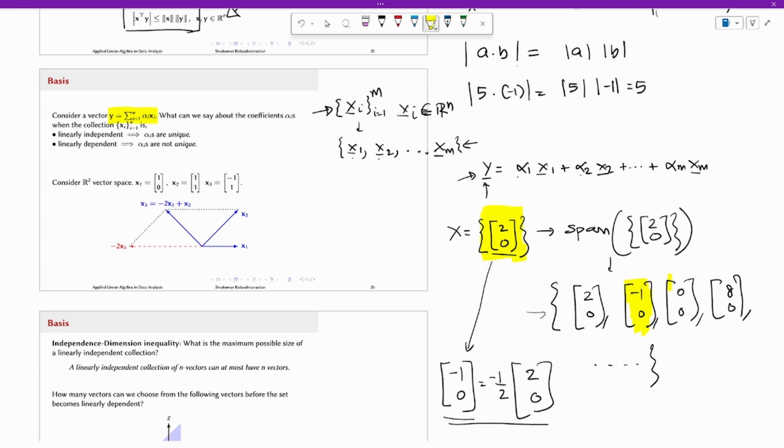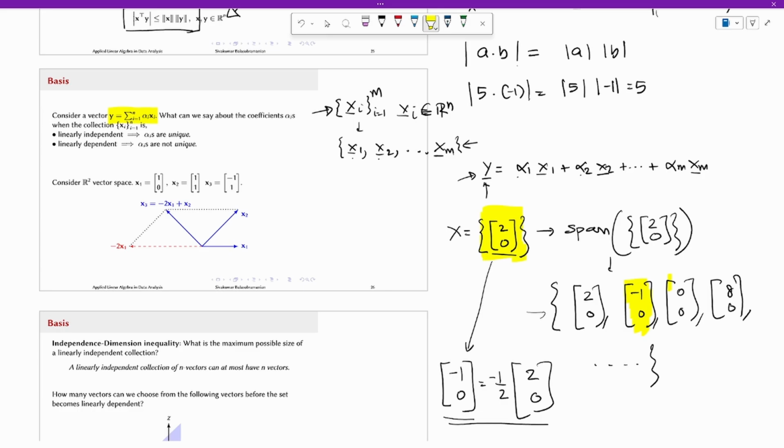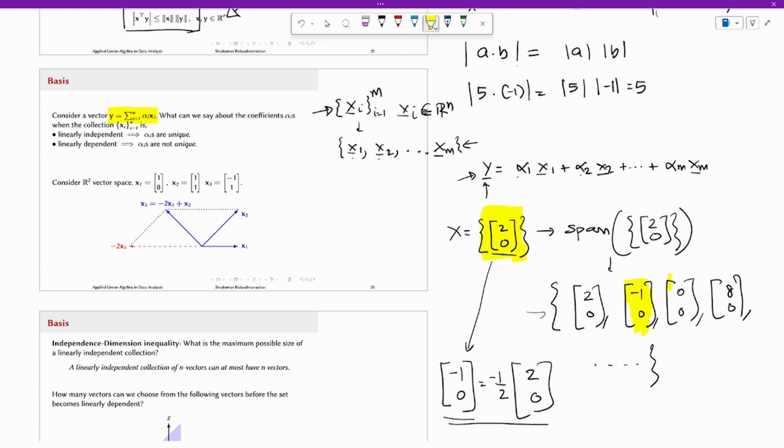Whenever you have a linearly independent set, whatever you can produce as a linear combination using that set can be done in a very unique way.